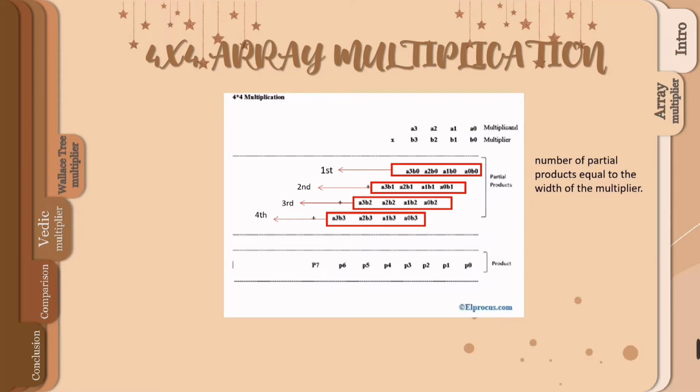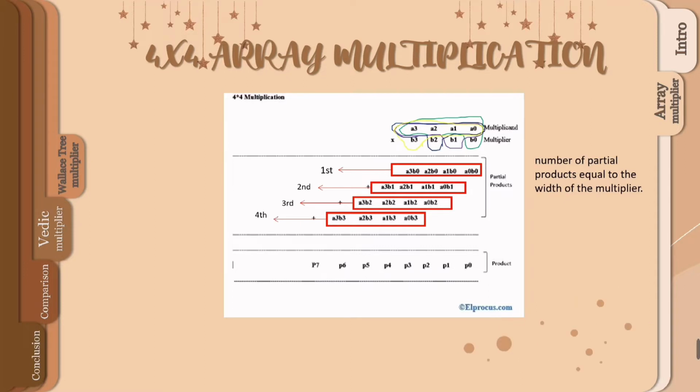The first step is to form the partial product matrix, and this is obtained by multiplying the multiplicand and the multiplier bits. The first partial product is obtained by multiplying B0 with A3, A2, A1, and A0. The second partial product is formed by multiplying B1 with A3, A2, A1, and A0. Likewise for the third and the fourth partial products.